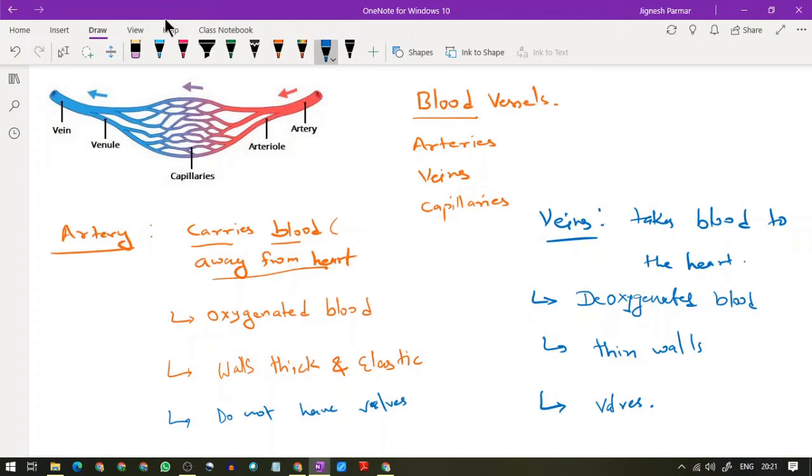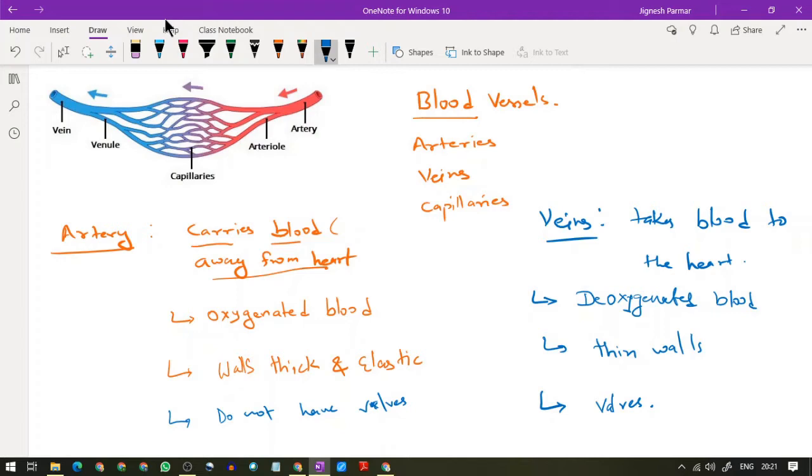So guys, this is what exactly happens. Arteries carry the blood away from the heart. This red one indicates it is oxygenated blood. Now this oxygenated blood goes into that part, and here the absorption takes place. As we know, there are capillaries. Capillaries are very, very thin, smaller parts of vessels which are connected to the organs.